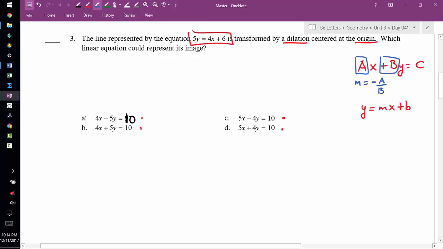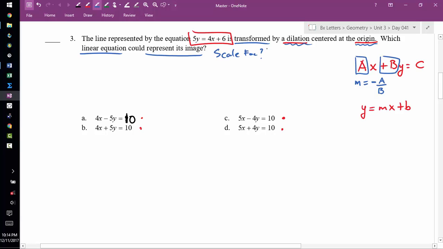But what's really going on is you have an equation, and they're saying, look, it was transformed by this dilation, which all you know is centered at the origin. Which of these equations below could be the image? Because the scale factor is a big question mark, you have no idea what the y-intercept is.